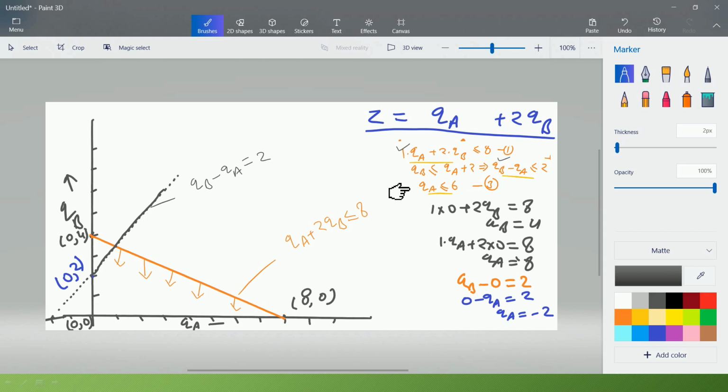This equation says that QA should be less than equal to 6. So 6 is somewhere here. So we will draw a straight vertical line passing through this point. This line is QA less than equal to 6. Okay. So the area under this line is this.